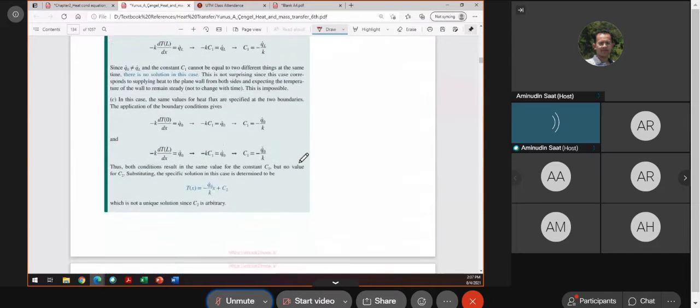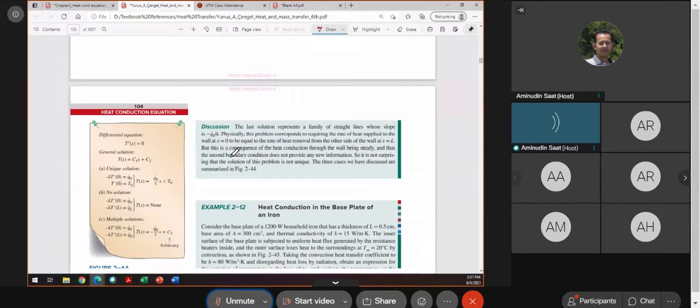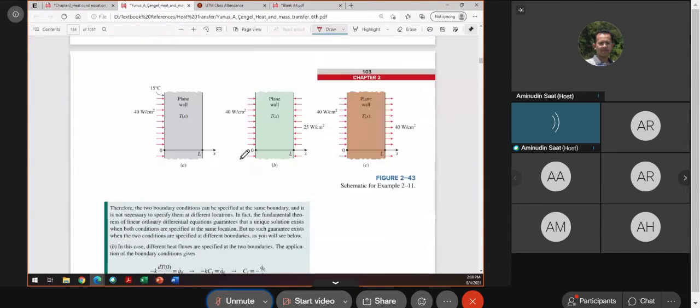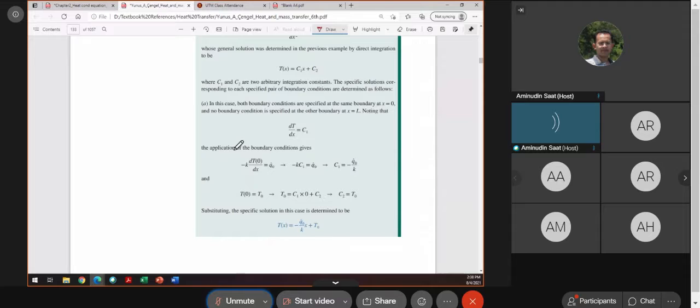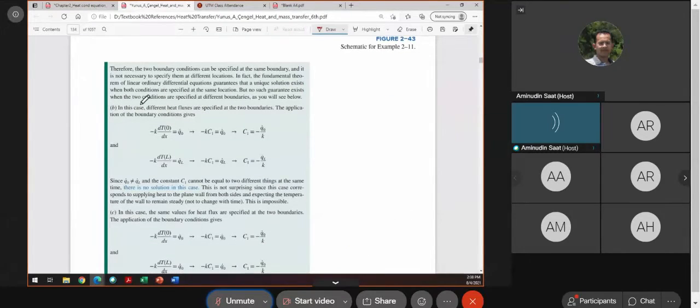This is how they solve this. This is the temperature variation for the first boundary condition, A. For B, in this case, different heat fluxes are specified at the two boundaries, so there is no solution.